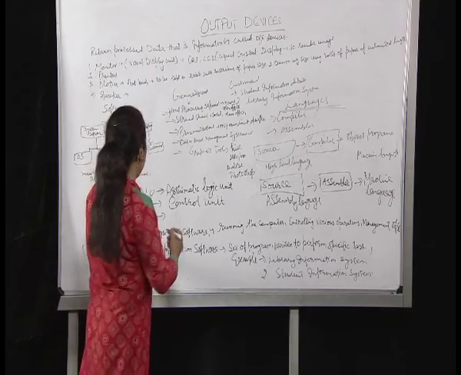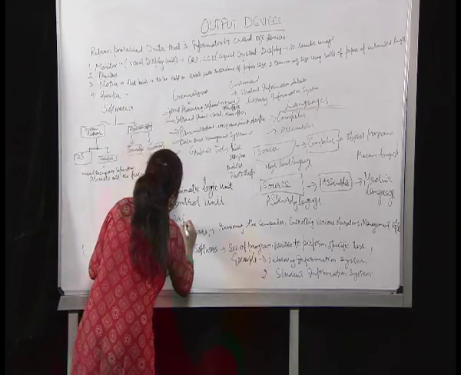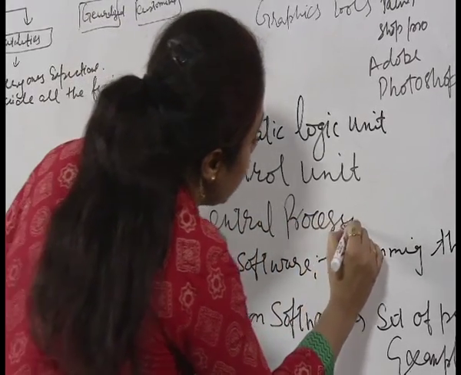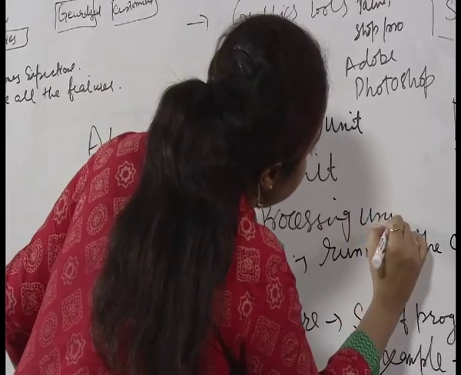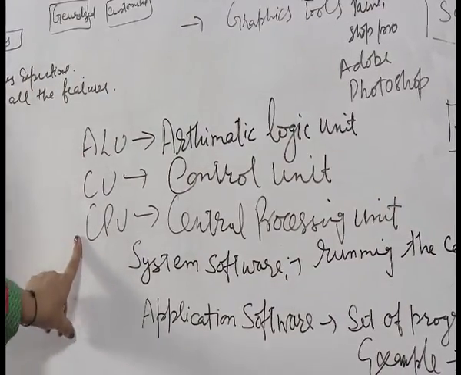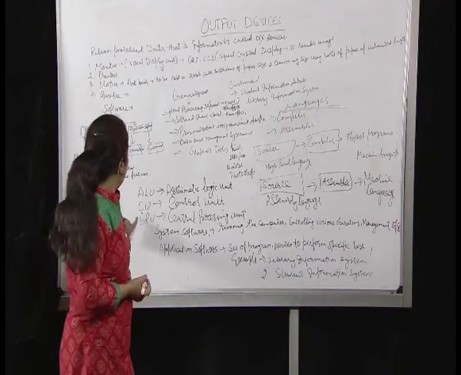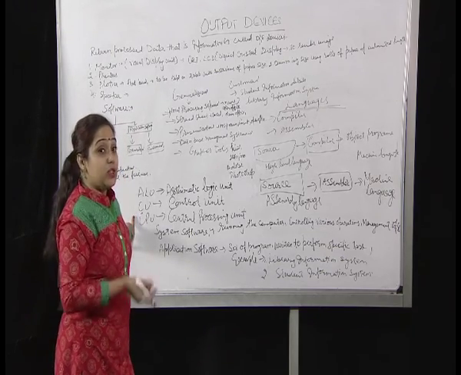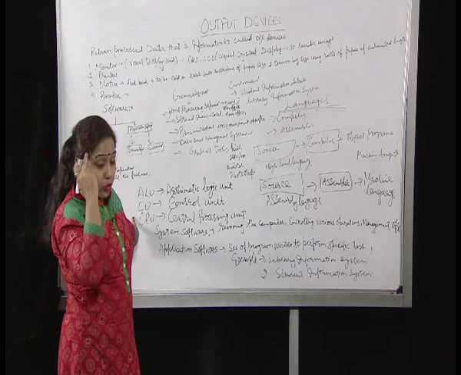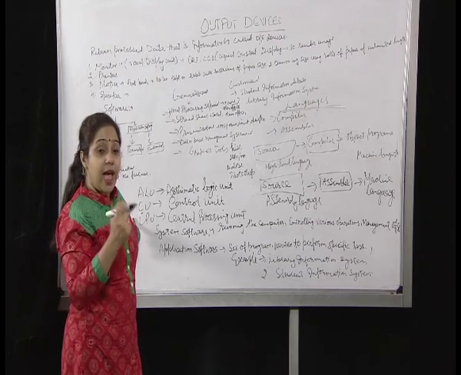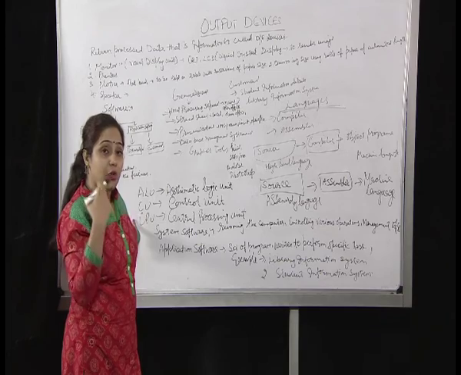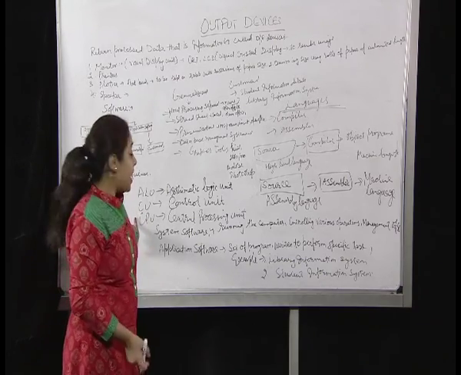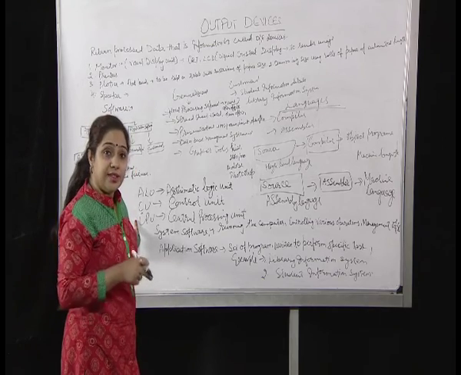And CPU means central processing unit. The central processing unit is the main part of the computer, you can say the brain of the computer. As we work according to the instructions given by our brain, the computer works as per the instructions given by the CPU.